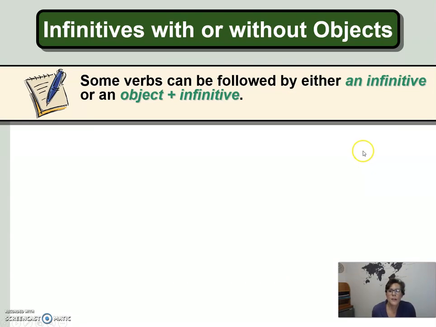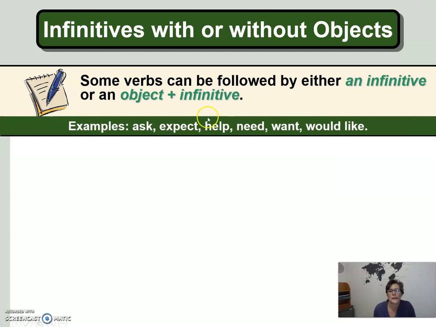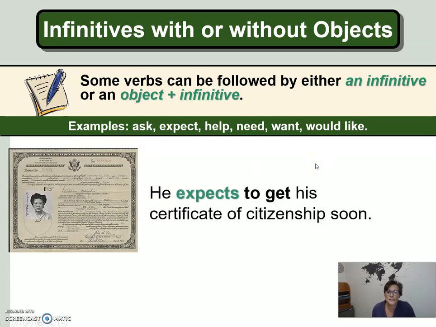Let's go ahead and talk about infinitives with or without objects. Some verbs can be followed by either an infinitive or an object plus infinitive. Let's look at some examples. Here are some verbs that could take either, but the meaning is different in the sentences.